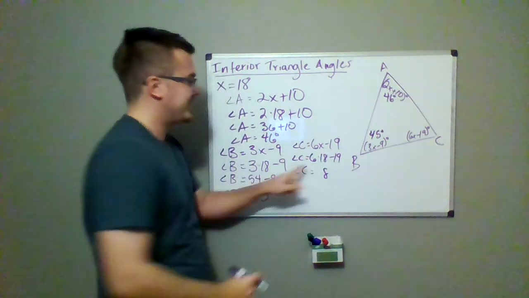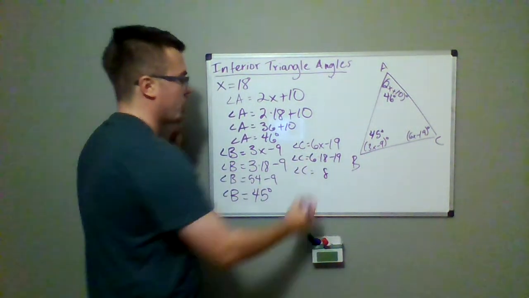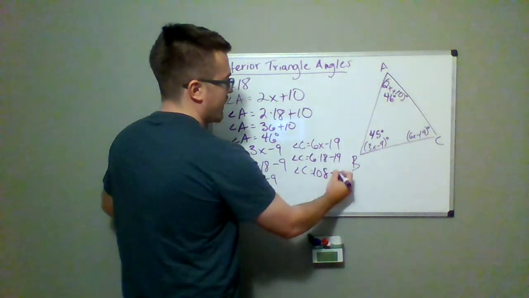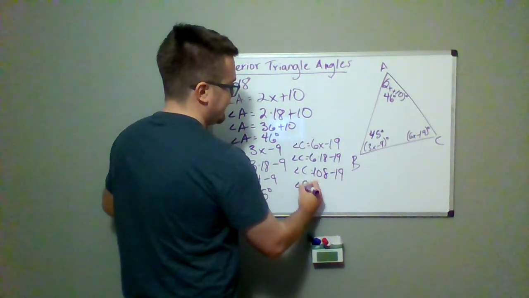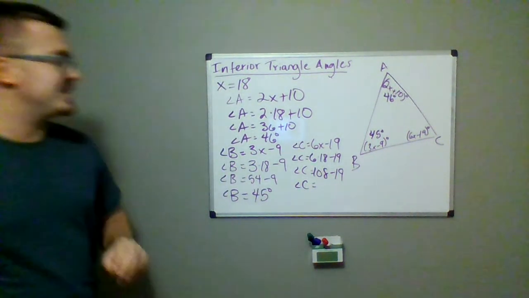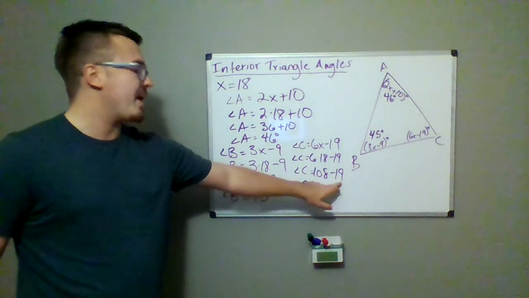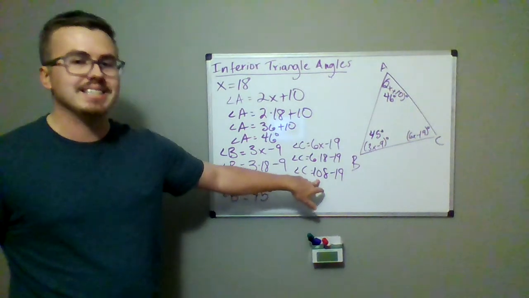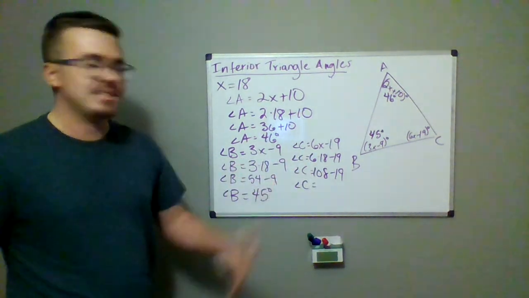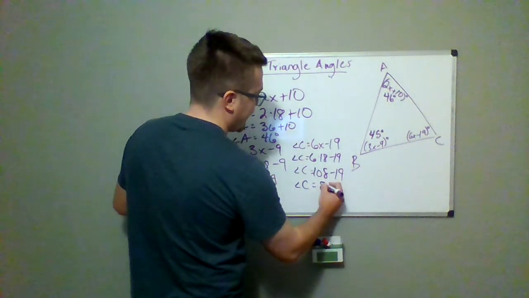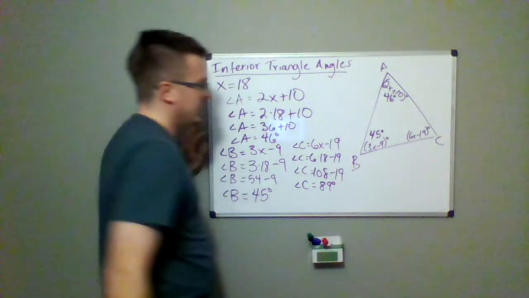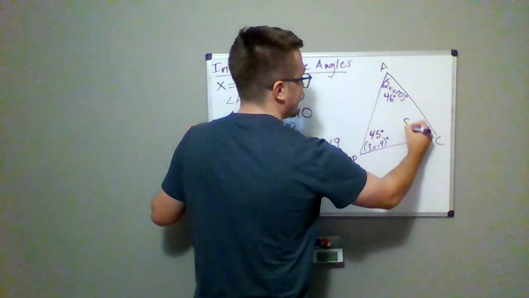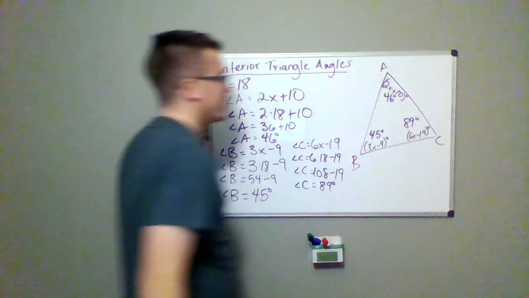Carry the 4. 6 times 1 is 6, plus 4 is 10. 108 minus 19. So angle C is equal to 108 minus 19. Well, 108 minus 10 is 98. Minus 9 more is going to give me 89. So angle C is 89 degrees.